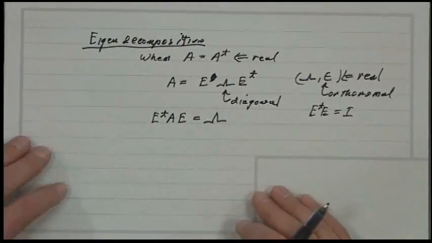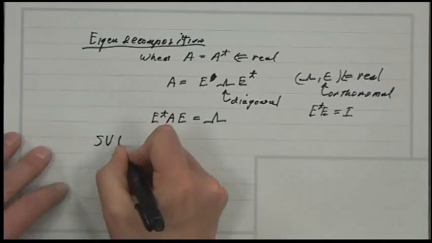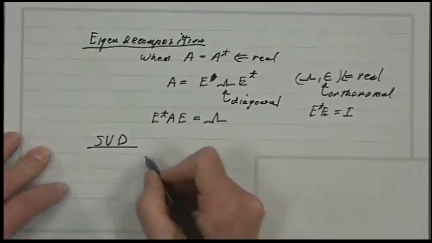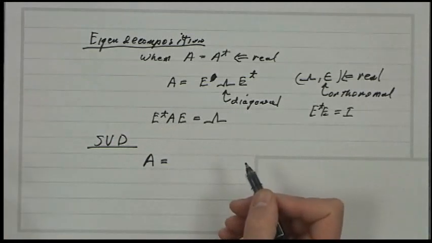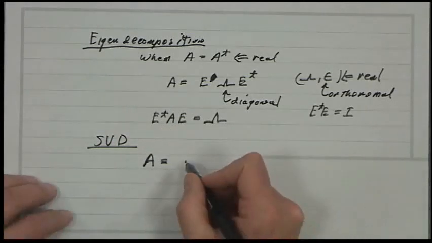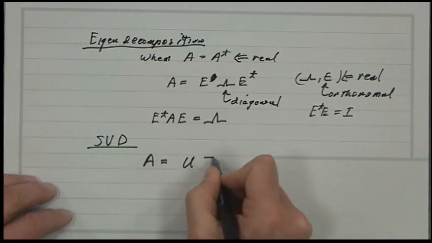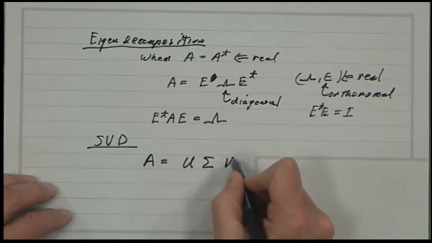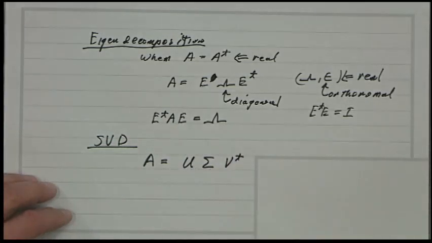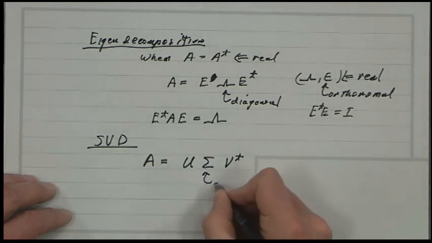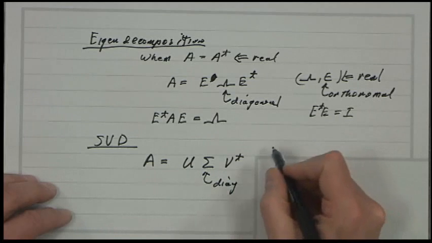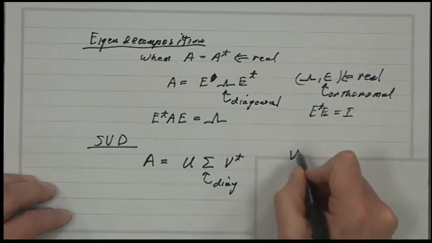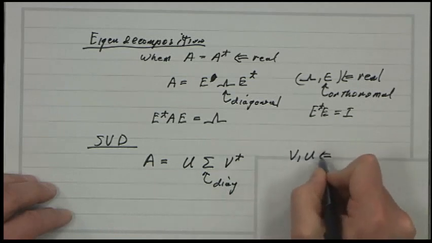If the matrix is not symmetric, you can still do the SVD. The SVD always works, and it still has all these nice properties that the eigenvalue decomposition has. Sigma is diagonal, and V and U are orthonormal.